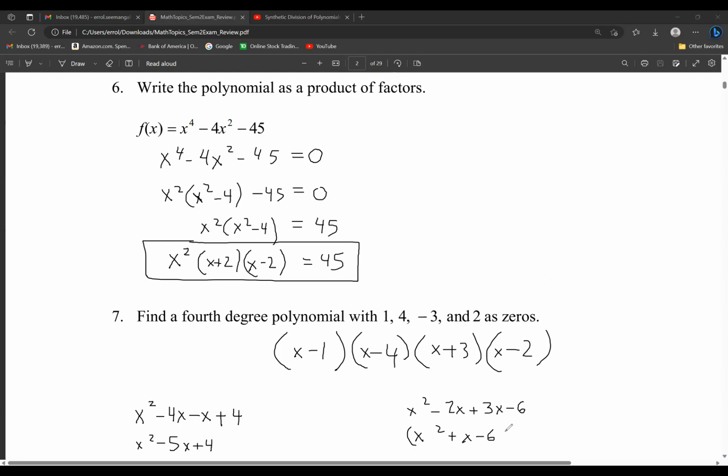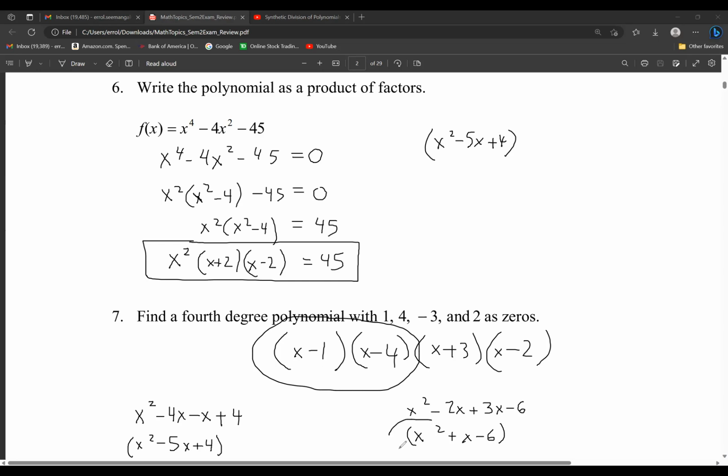All right, so we got this bracket and we got this bracket, right? Now multiply those two brackets together. Yep, x squared minus 5x plus 4. That was the first two together, right?